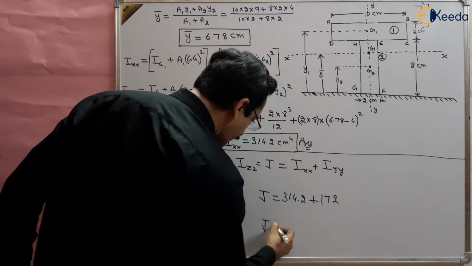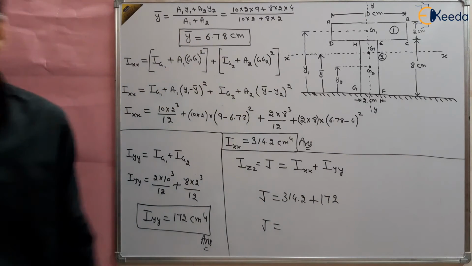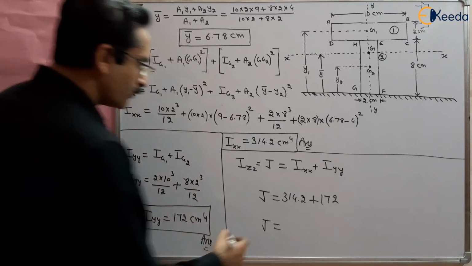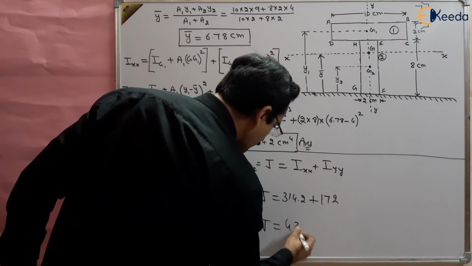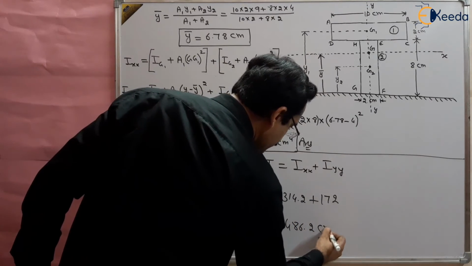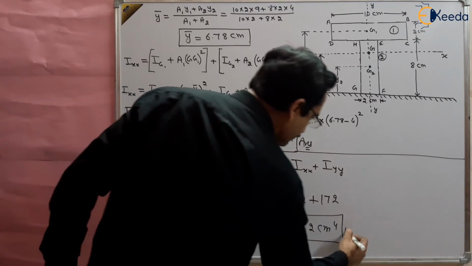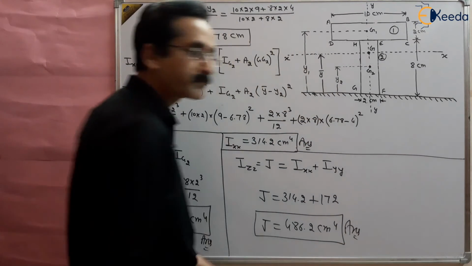Solve it and you will get the polar moment of inertia, 486.2 centimeter to the power 4. So this is the last answer of this question.